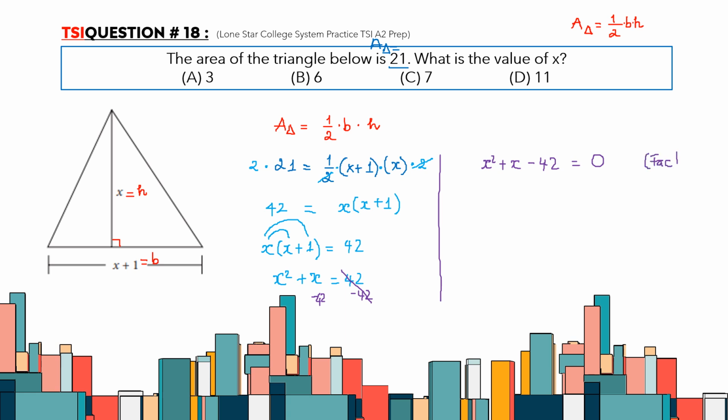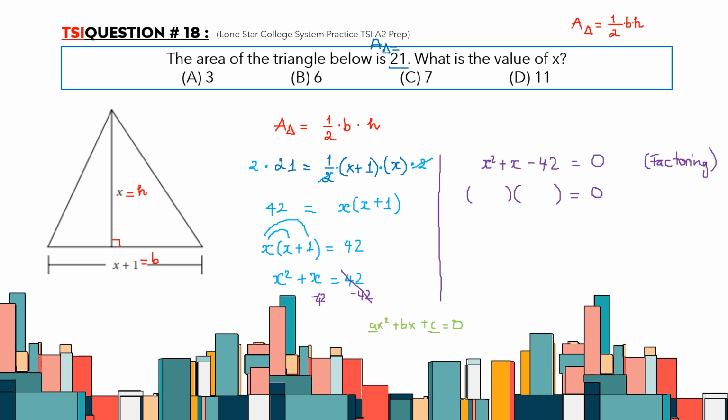Now we will try to factor this equation. We know that we will have two factors. If you know about the AC method, we have ax squared plus bx plus c equals 0. The AC method means a times c.